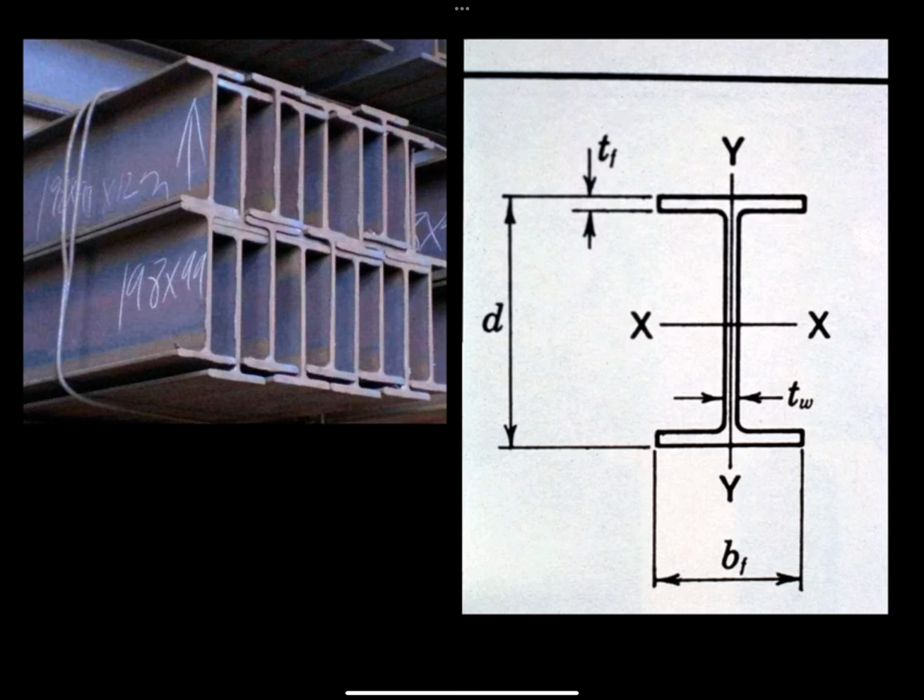So W sections are identified with the prefix W and then two numbers. So we might have a W12 by 14. And this means that the W section is nominally 12 inches tall and it weighs 14 pounds per foot.